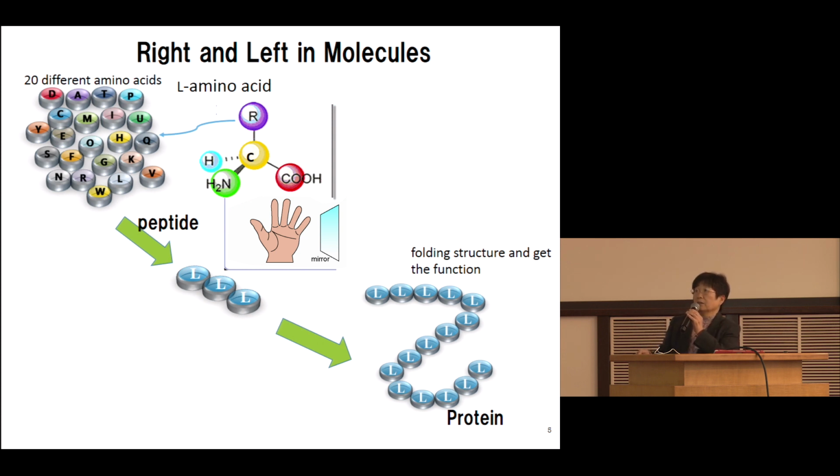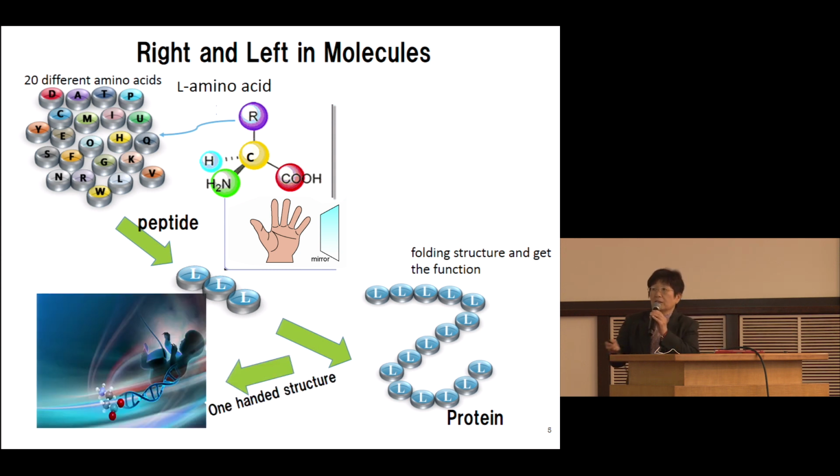Protein can get a folding structure and get a function and linked to the emergence of life. So this is a one-handed structure. We are all one-handed structures, L amino acid polymers.